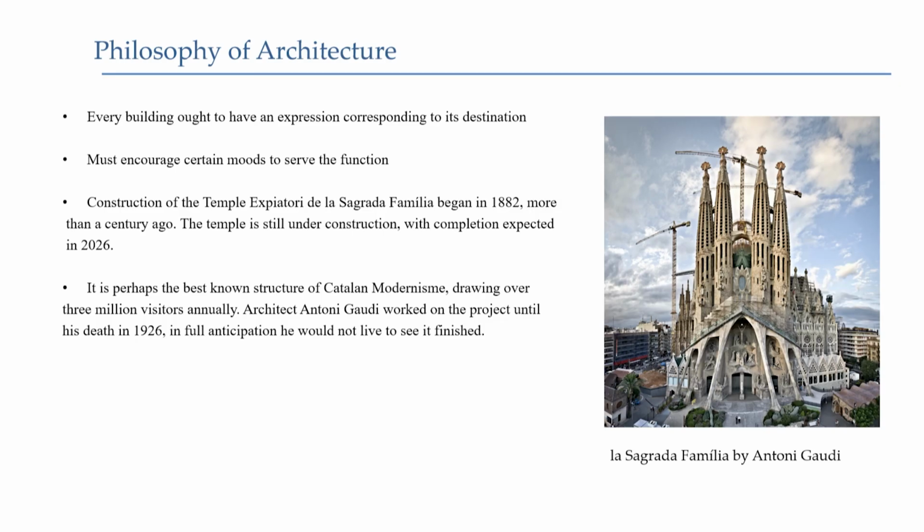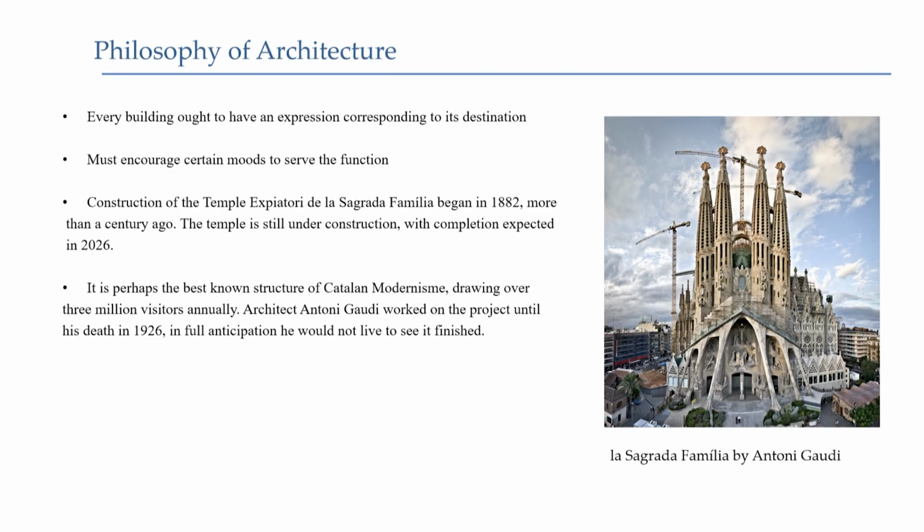So, what the Scottish School of Aesthetics says is that every building ought to have an expression corresponding to its destination. The building should express itself in such a way that the objective for which it is created raises an emotion in the mind of the user which is appropriate for the occasion. So, if you go to a temple, you should feel that emotion of love, of respect, of devotion to God.